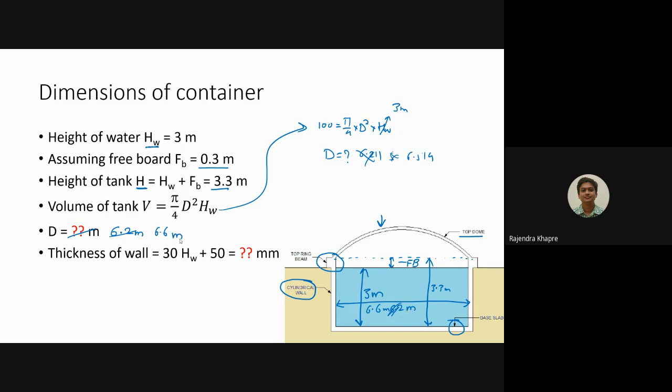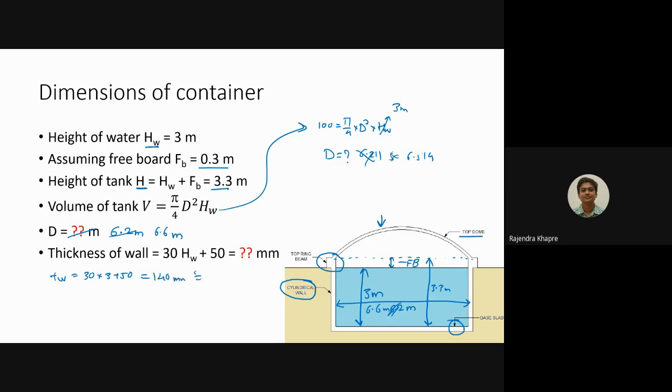6.6 meters, right? Now we have to decide the thickness of the tank wall. Generally there is a thumb rule that you take the thickness of the wall as 30 times the height of the water plus 50 mm. So the thickness of the wall is 30 into the height of the water, 3 meter, plus 50, how much is this? 140, right?